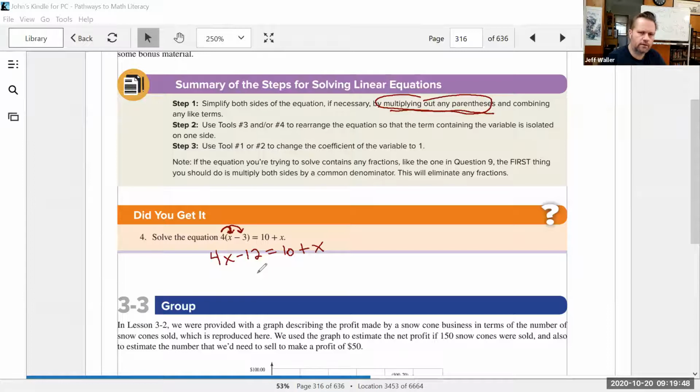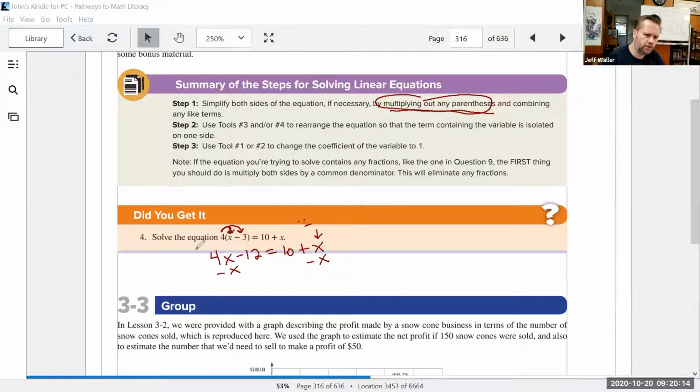All right. And then what I like to say is there's a bunch of stuff in the wrong place. So what did somebody do next? What's in the wrong place? X on one side. Yes. So how do I get the X? What do I do with this X right there to make it disappear?